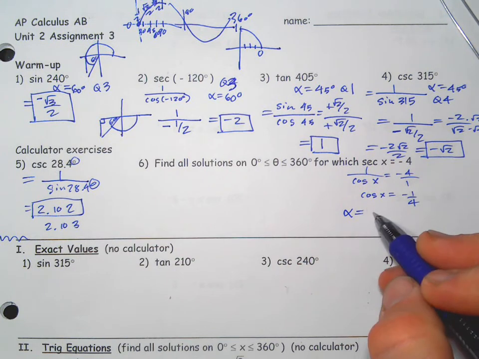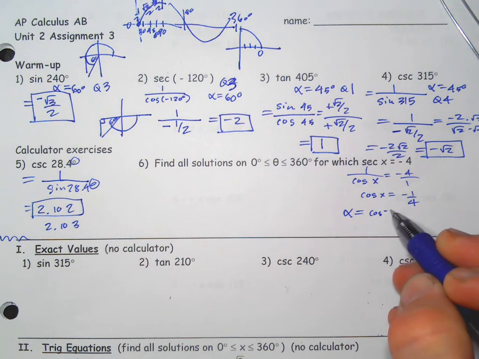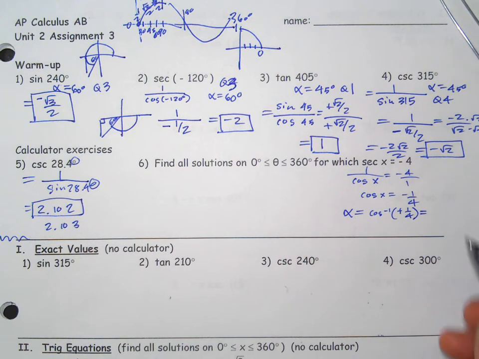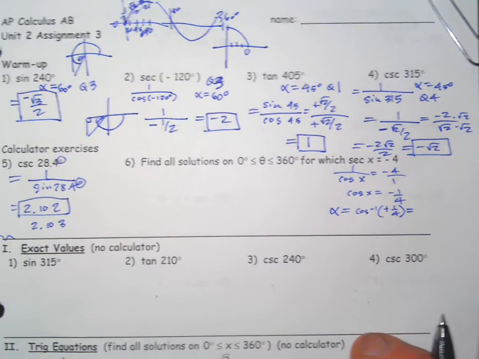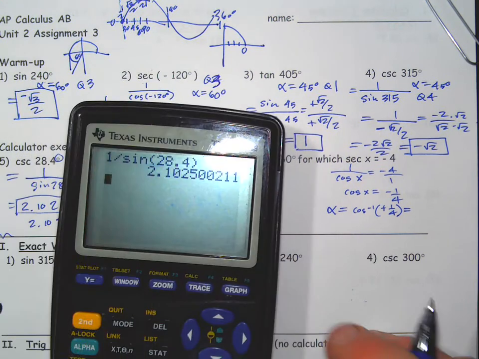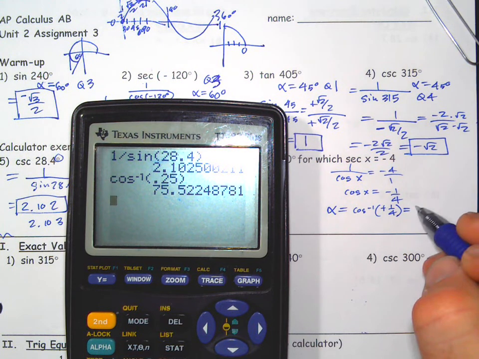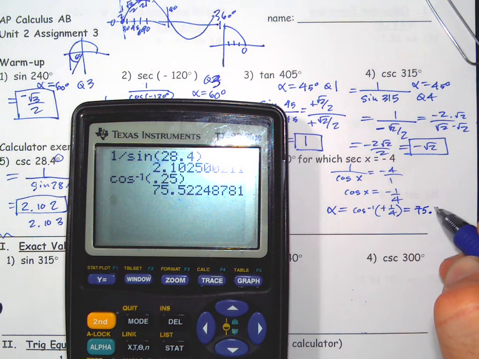I'm going to find alpha, which is going to be inverse cosine of positive 1/4. I'm going to force it to give me a quadrant 1 answer, and then I'll figure out what quadrants. I'll look at the negative afterwards. It's easier to find alpha first, which is always first quadrant, between 0 and 90.